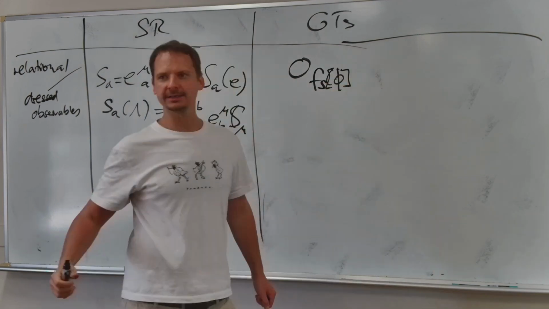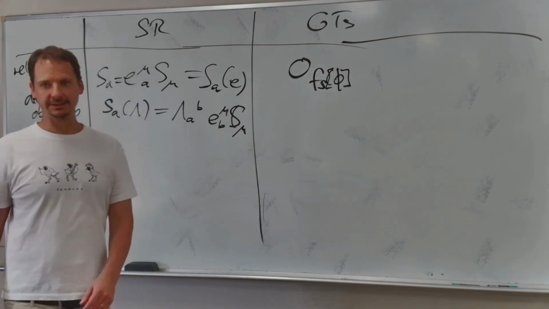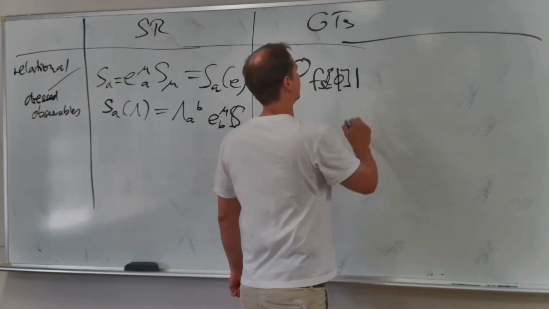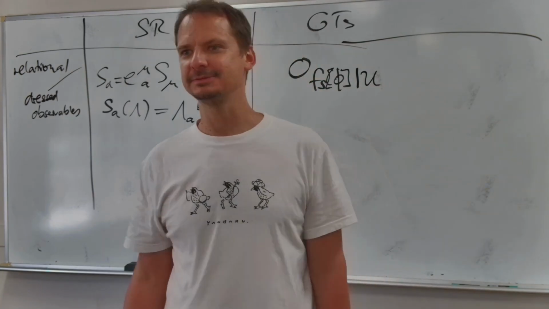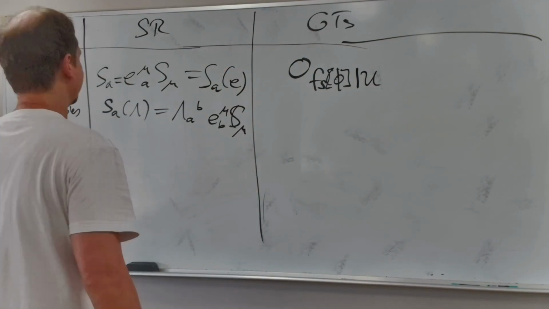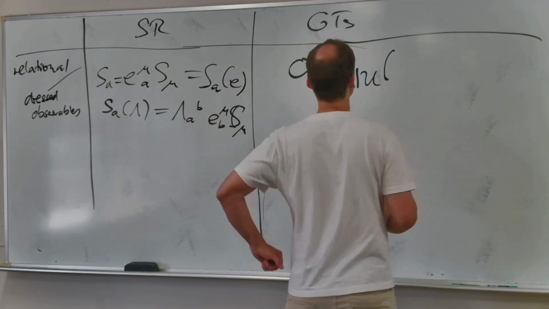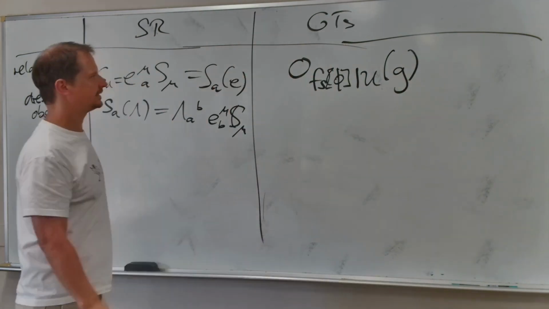Sorry about the square brackets, it's a functional on field configuration space, really, I should think of it as a function. And now, we call the reference frame U for some reason in these papers, which I call an R, but anyway. And now, I can again do this at the orientation g.